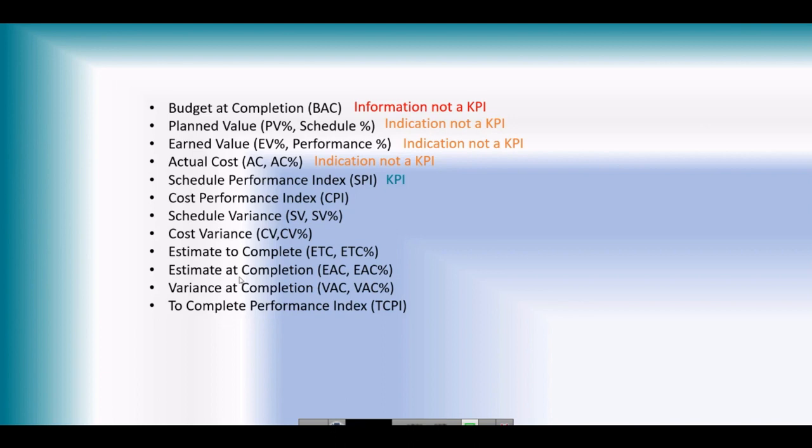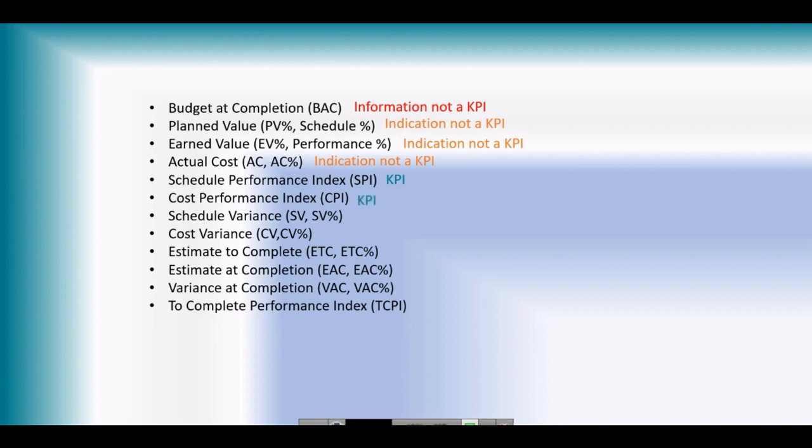So this is simply a KPI, as we have already said. If somebody tells you that your schedule performance index is 1.1, then if you see the formula, earned value divided by planned value, it shows that whatever you have planned so far, you have done 10% more, or 0.1 times more than that. So this is a KPI giving me a conclusion.